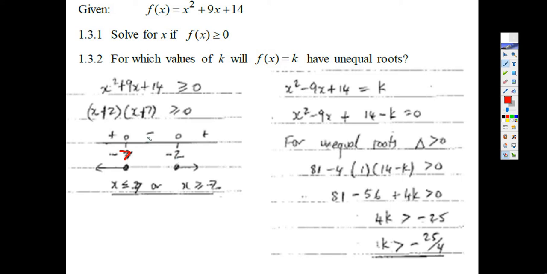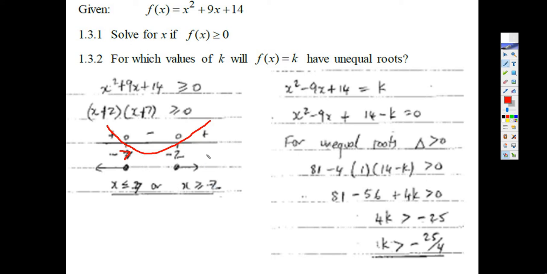Well, you want to find out where it's greater than 0. There's a way of thinking of this as a parabola, and these are the zeros. Where the parabola is greater than 0 is on the right side of minus 2, when x is greater than minus 2.